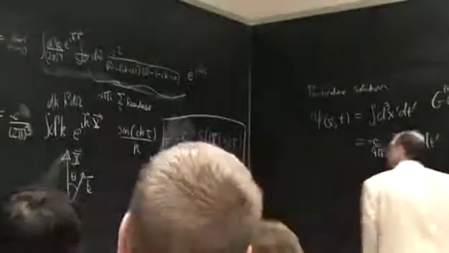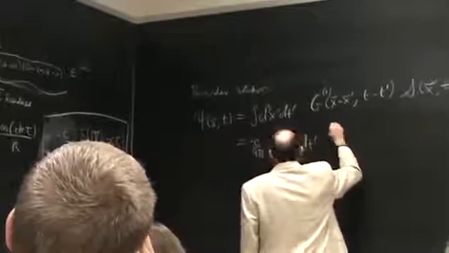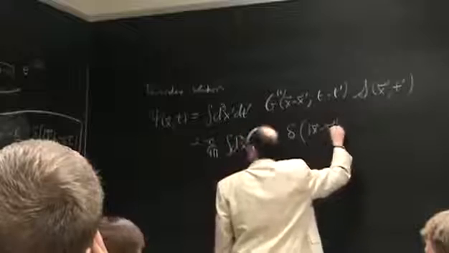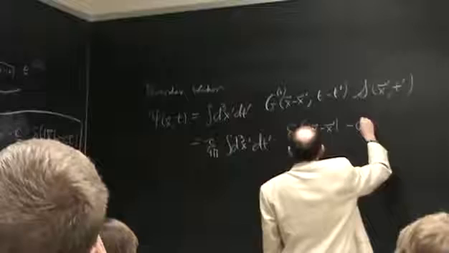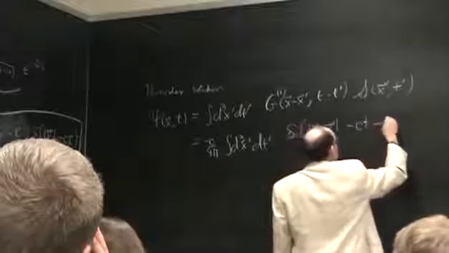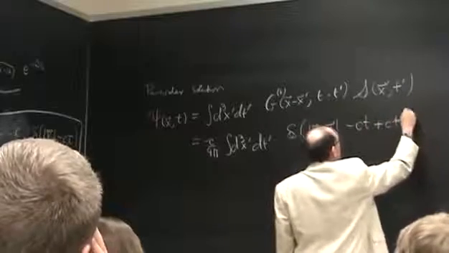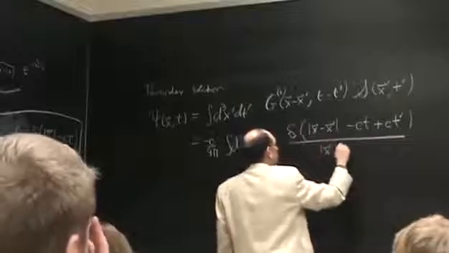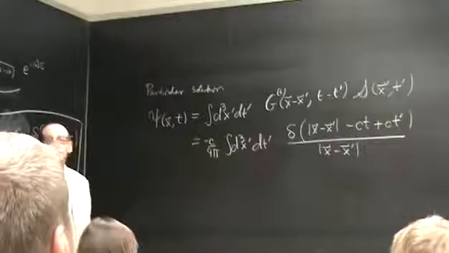There's no more Fourier transform on this because it's in space. We have the delta function of magnitude x minus x prime minus c(t minus t prime), divided by the magnitude of x minus x prime.